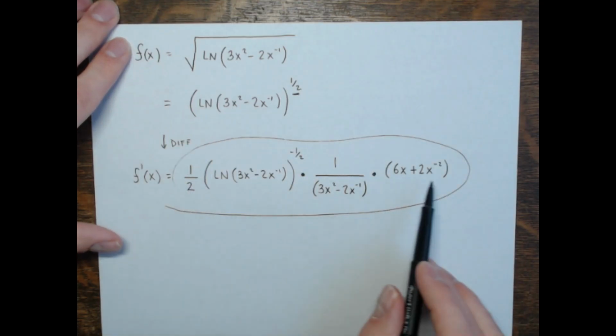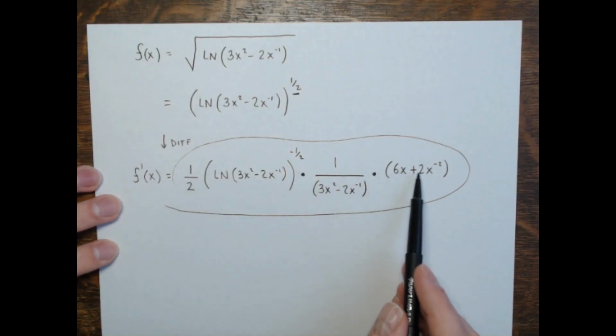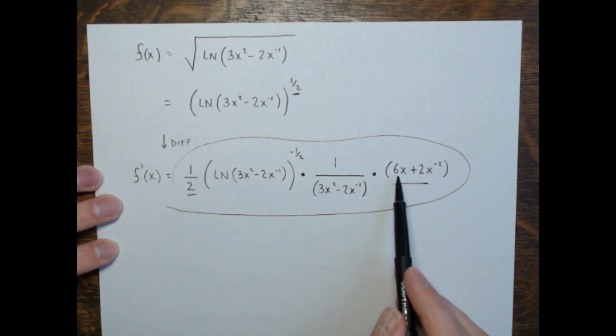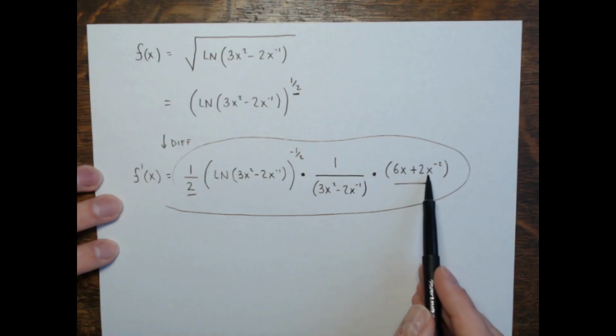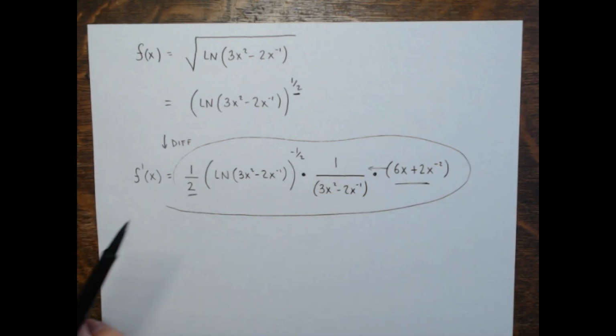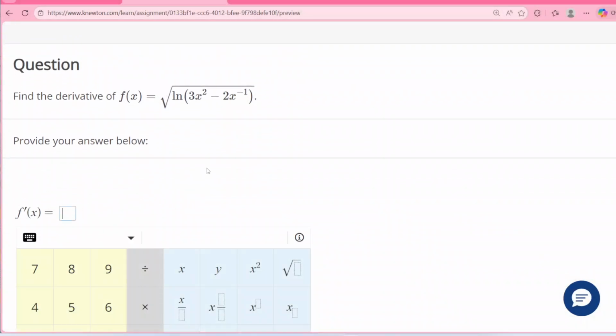Now, if you want to simplify this, you can. Half of this term over here, if I multiply the half by this factor, that'll make this 3x plus 1x to the negative half. And I can put this in the numerator here. So I'm going to do that just to save a little typing. So again, f prime.